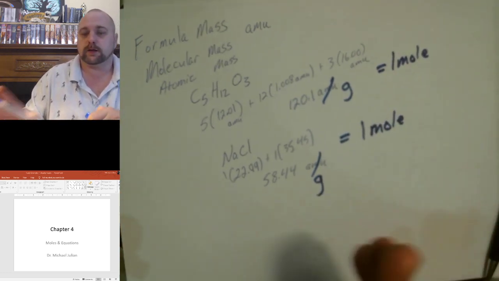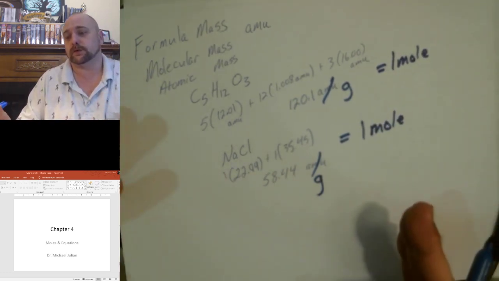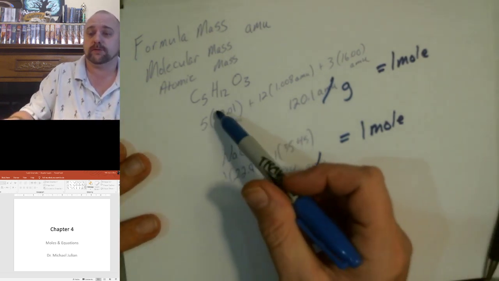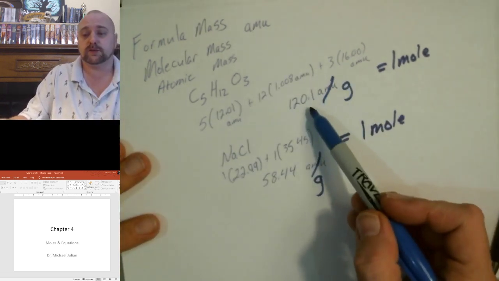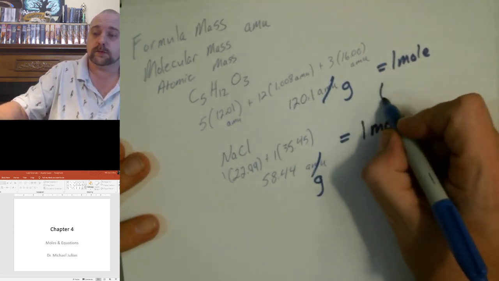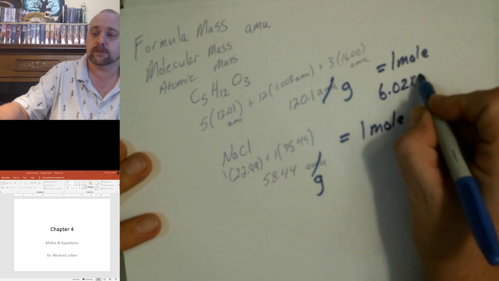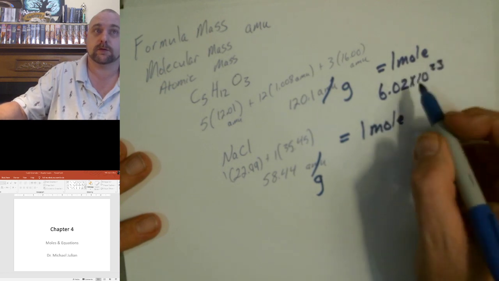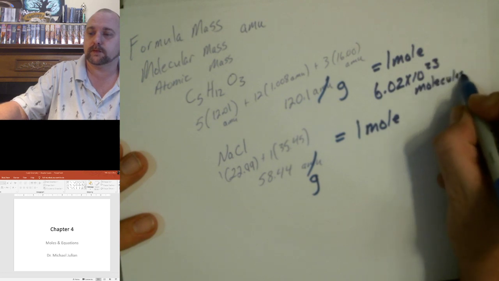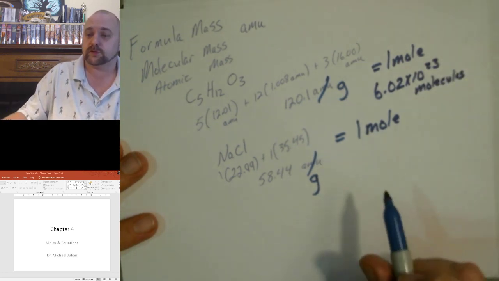Alright, and it turns out to be an interesting fact that if I have a mole of C5H12O3, it'll be 120.1 grams, and it will be 6.02 times 10 to the 23rd molecules of C5H12O3.